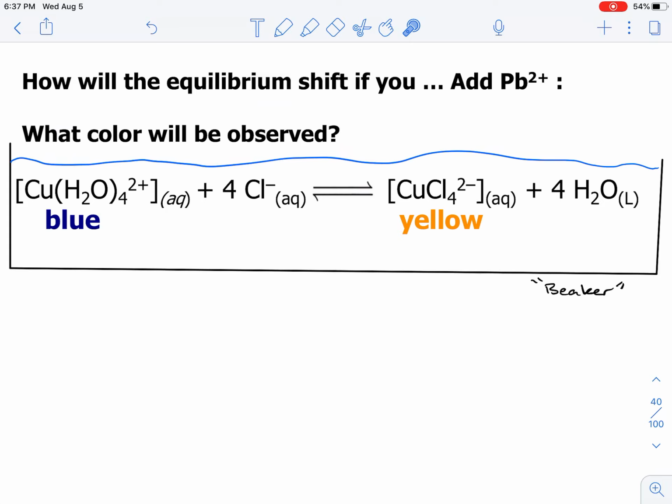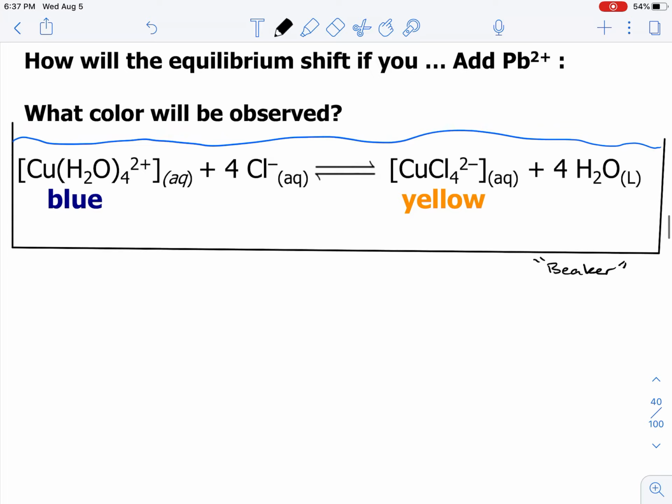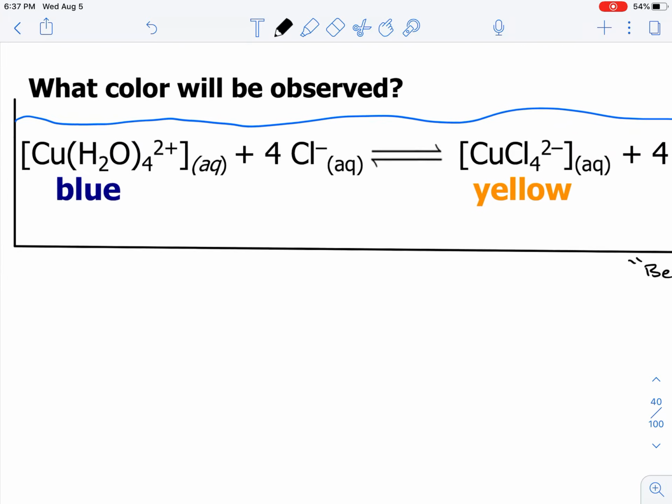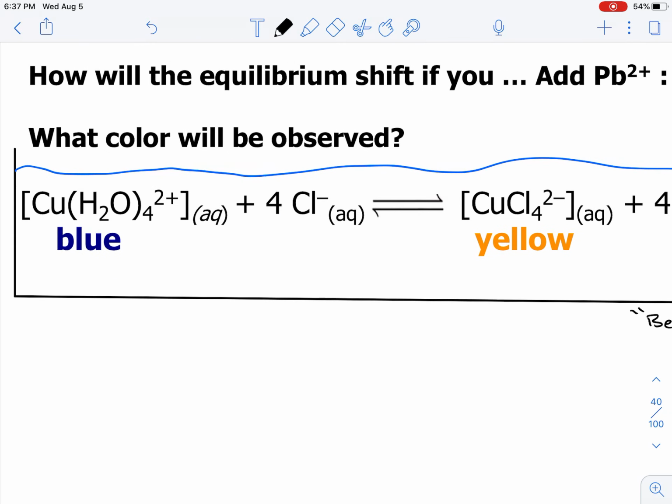Once again, to better understand this, we have to review our solubility rules. If you recall your solubility rules from the first semester of general chemistry, lead(II) ion in the presence of a chloride ion will produce lead(II) chloride, which happens to be a precipitate.